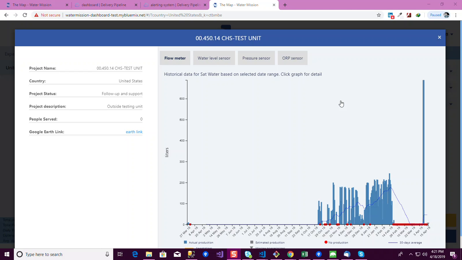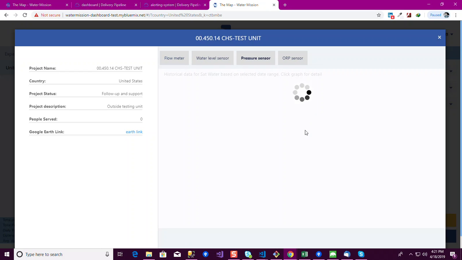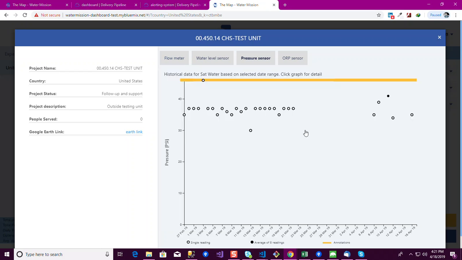First of all, I will show you the pressure sensor. For the pressure sensor, we use the low calibration and high calibration values, which are assigned against this project at the time of project creation, like the minimum and maximum values.